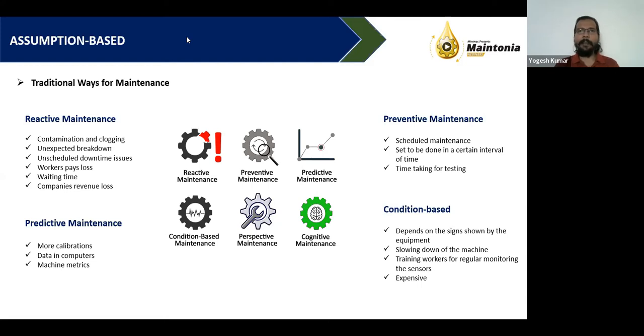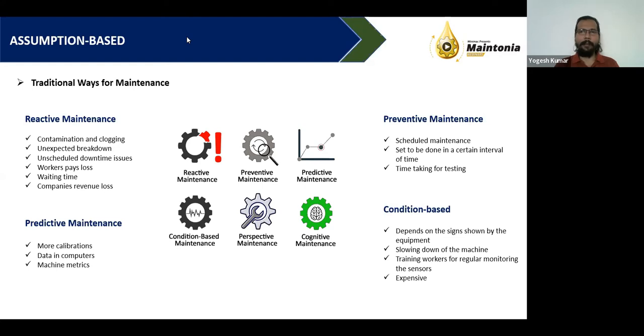So reactive maintenance is the firefighting mode of maintenance. We have to rush without seeing what was the reason. Just quench the fire and move ahead. That is the firefighting mode.